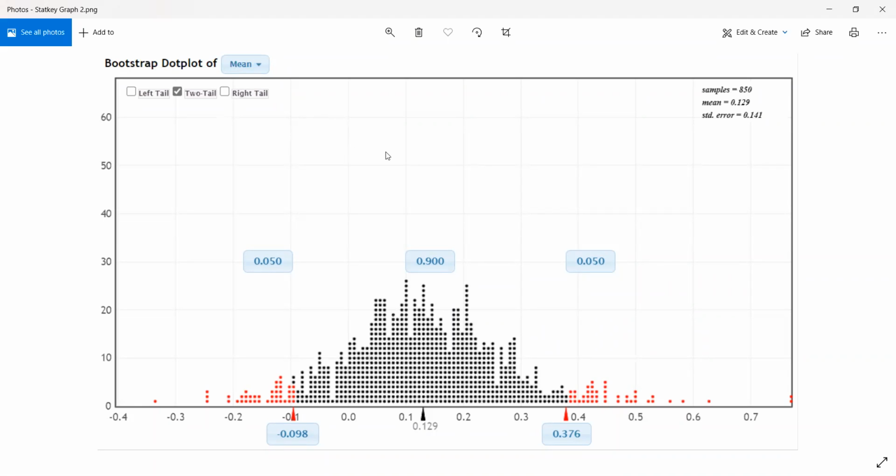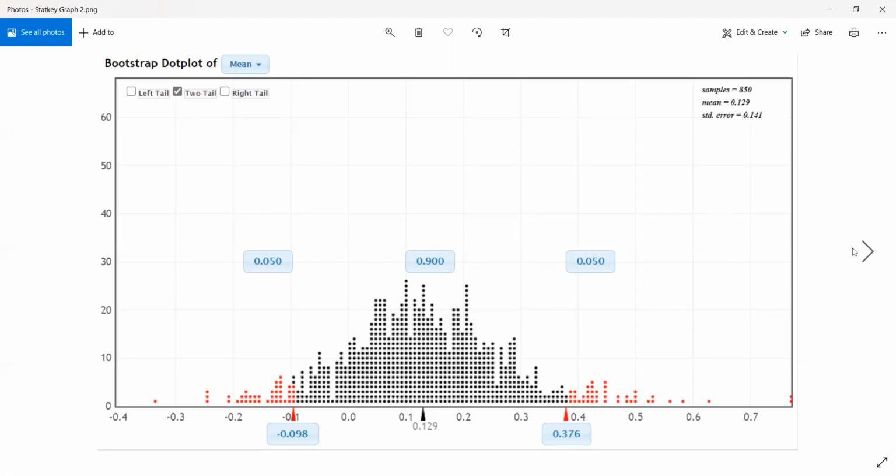After the mu in the alternative hypothesis, are we going to have a symbol like less than, greater than, or not equal to, based on what you're seeing here? Would it be not equal? Right, because it's a two-tailed test. This box here, when it's checked, means two-tail, right? So not equal to, correct.